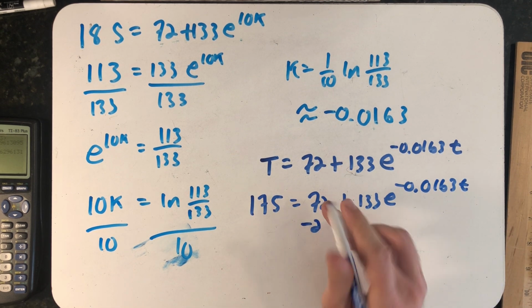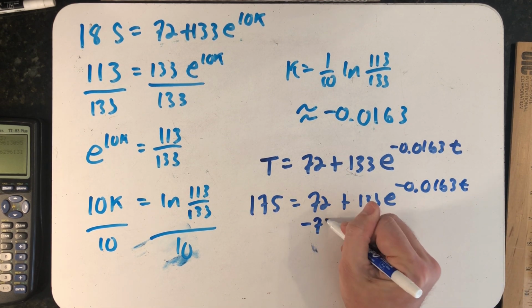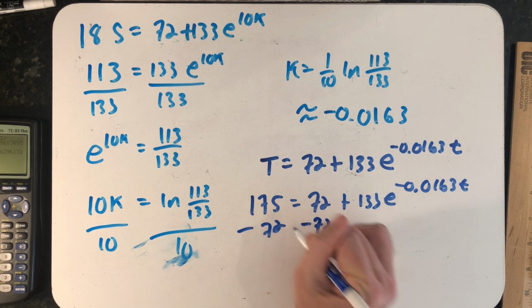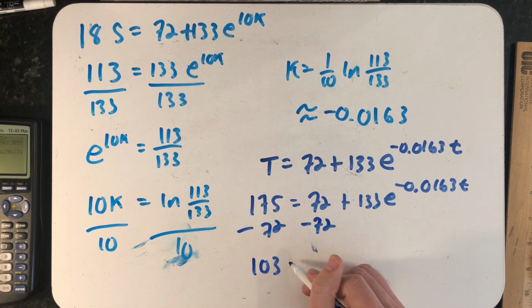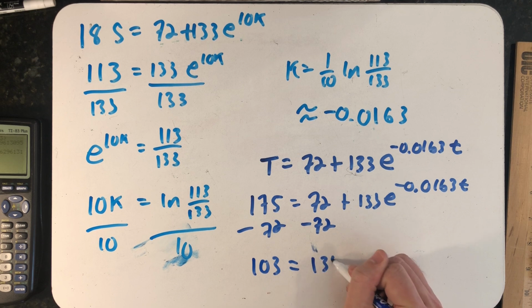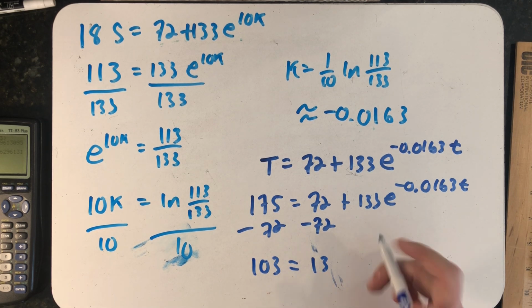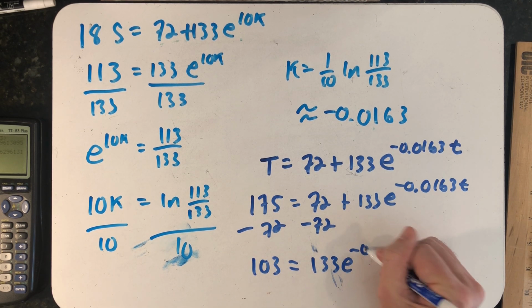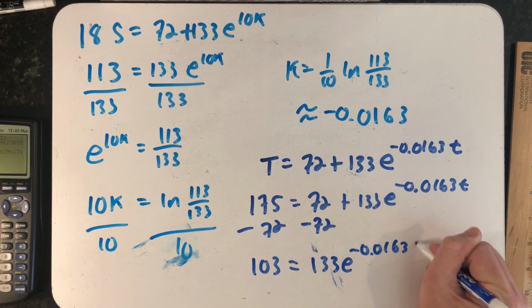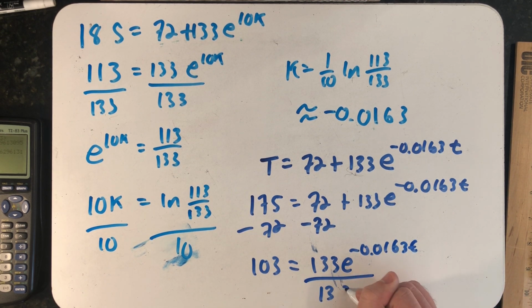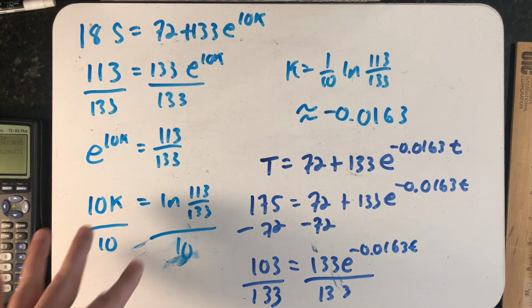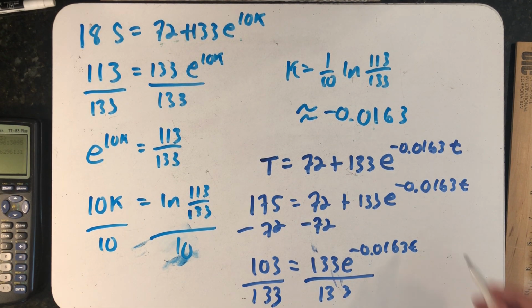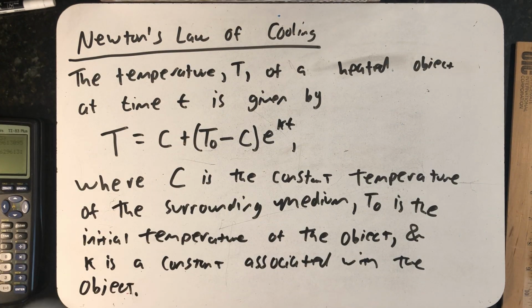I have to take 72 away from both sides, again just isolating the exponential part. That will be 103. And I'll need to divide everything by 133. It's very similar to the process we went through to find k, except this time we're finding our final answer, the time it takes.